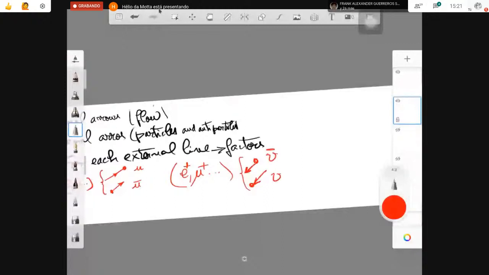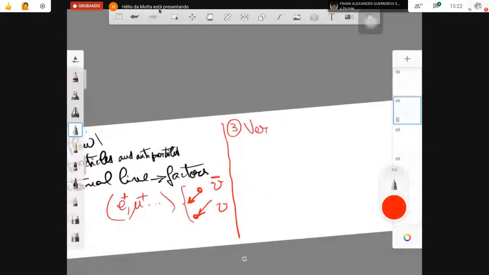I'll have the vertices. Right? So each vertex will have a factor of i g. Remember that in the toy model, each vertex had a factor i g, where g was the coupling of the interaction. Here it is g_e, from the electromagnetic interaction, gamma.